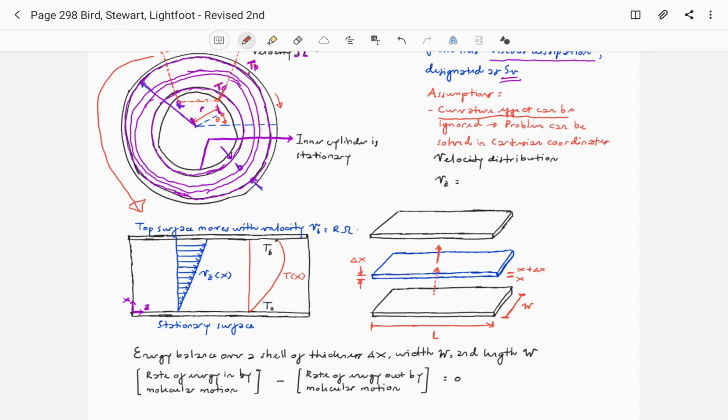The one on the left-hand side here shows the velocity profile and the temperature profile of the fluid in between the moving plates. The top surface is moving with a velocity of vb, R multiplied by omega, and then we have this top plate and this bottom plate.